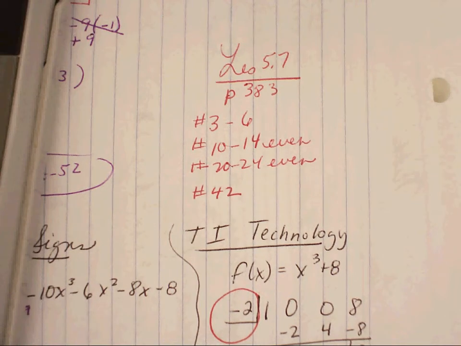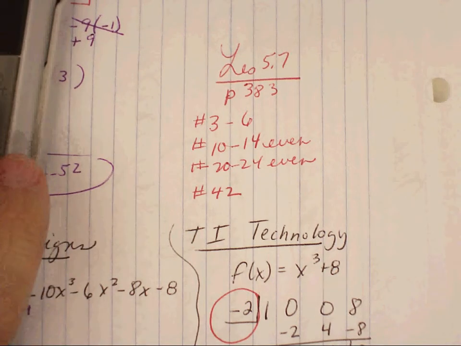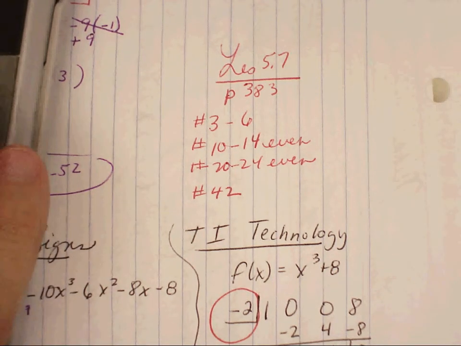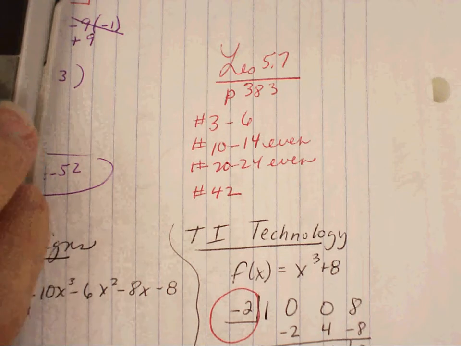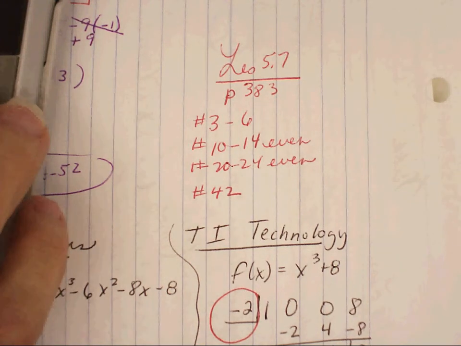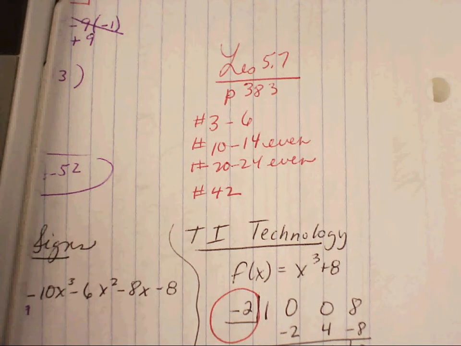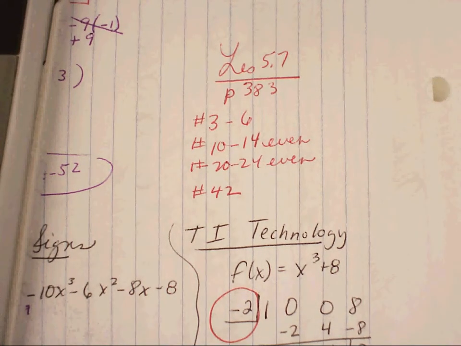Number 42 asks you to give a 0, and it is irrational. So let me remind you quickly what you do. Did everybody get that written down? 20 through 24 even.